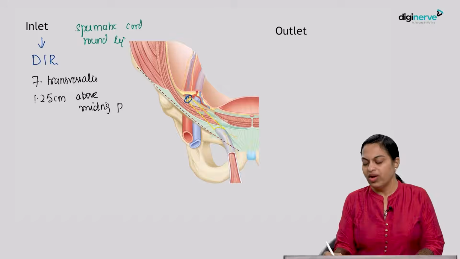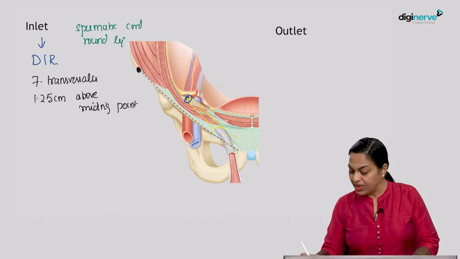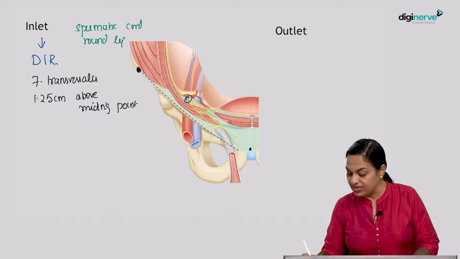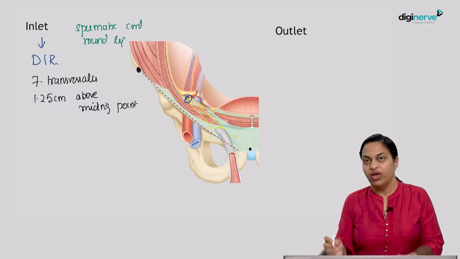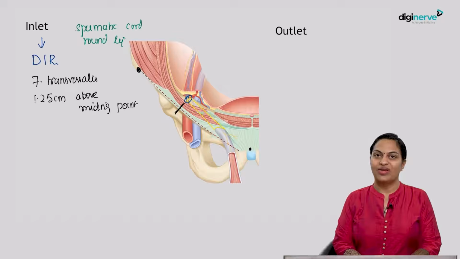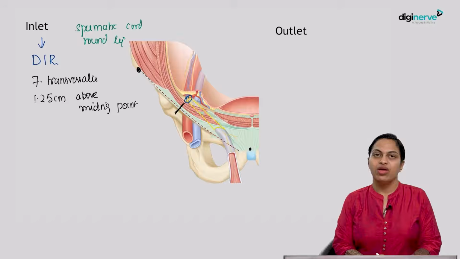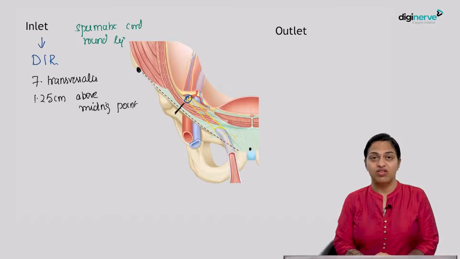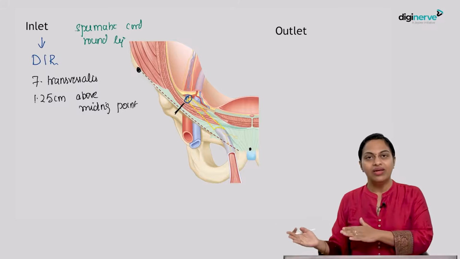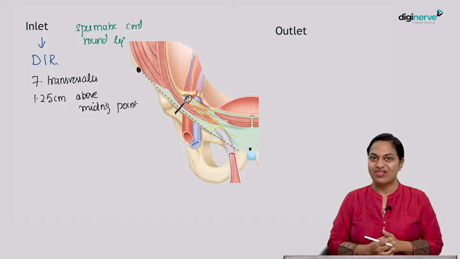What is the mid-inguinal point? So here you see the anterosuperior iliac spine and this is the pubic symphysis, right? A point midway between the two is the mid-inguinal point. 1.25 centimeter above the mid-inguinal point, we see the deep inguinal ring, an opening in the fascia transversalis. Just medial to it, we get to see the inferior epigastric vessels.